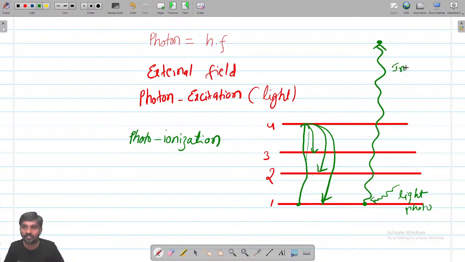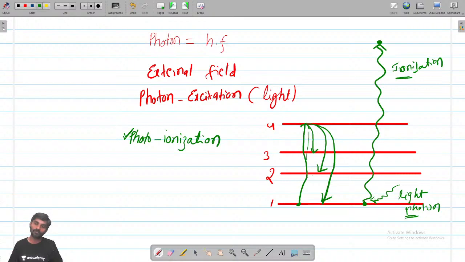Just now we have discussed ionization. And this ionization is happening because of what? Because of the photon. So it is called photoionization. What is photoionization? When the electron is moving from a lower level to a higher level, light is falling on it and the photon is absorbed.